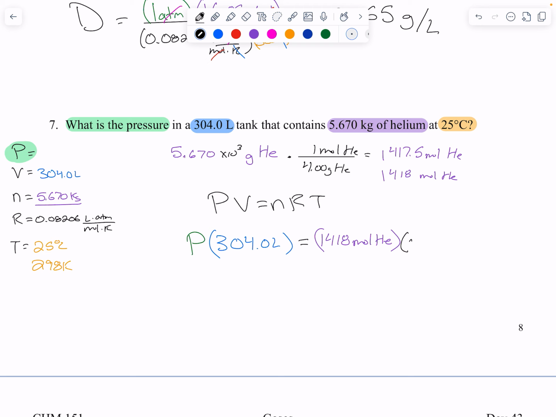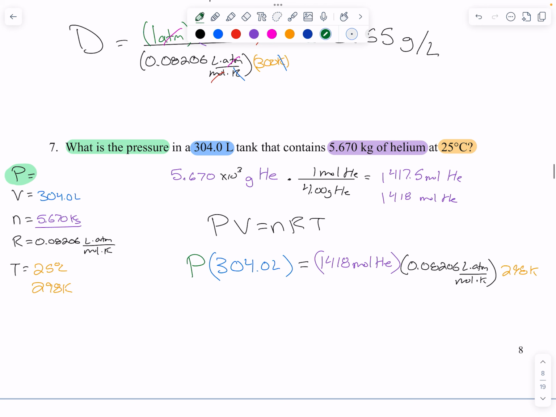R, 0.08206 liters·atmospheres per mole·Kelvin, and 298 Kelvin. So that means the pressure, we are 1418 moles times R times your 298 divided by your 304.